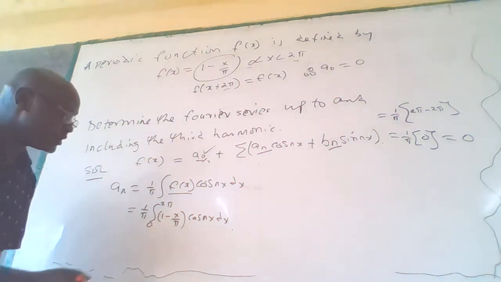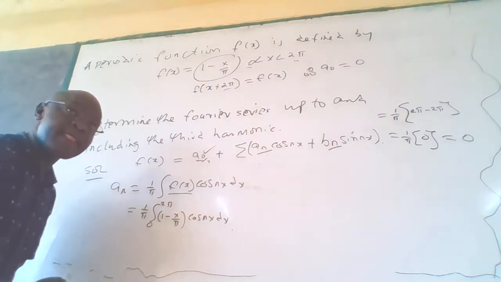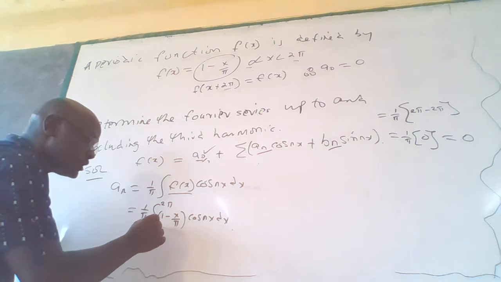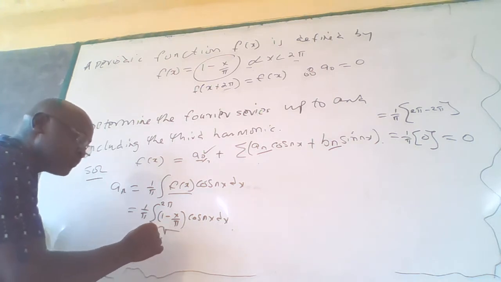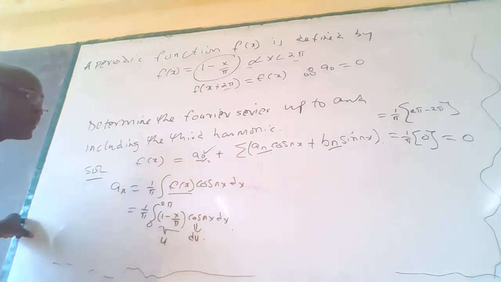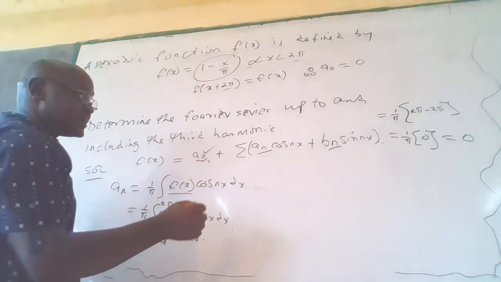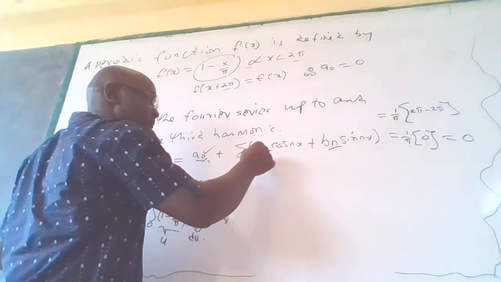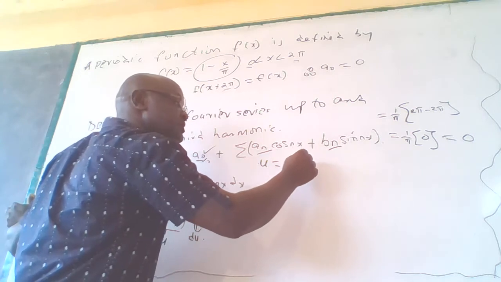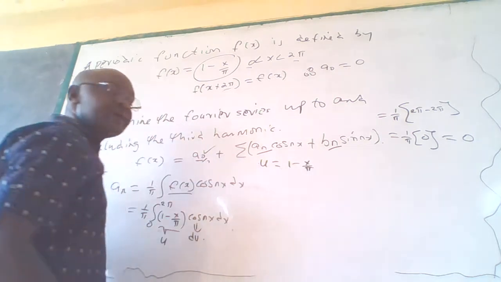Now we need to integrate this. We integrate by parts. Therefore, this will be our u and this will be our dv. So u equals 1 minus x over pi.